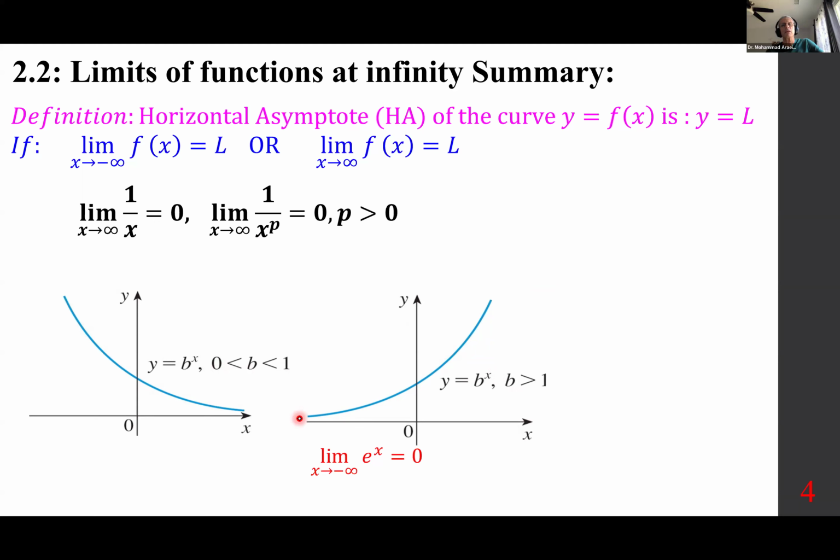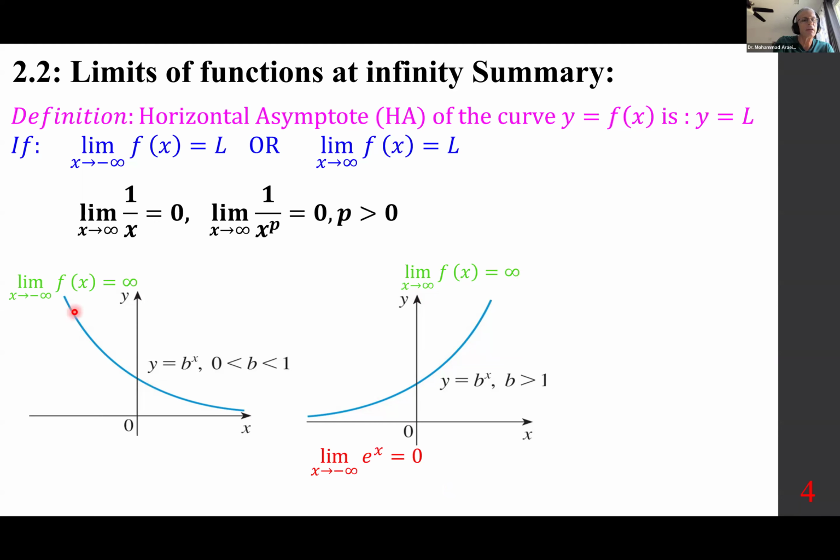For example, e to the power of x is an example of exponential growth. The limit of e to the power of x as x approaches minus infinity is 0. The limit of f of x as x approaches infinity is infinity.